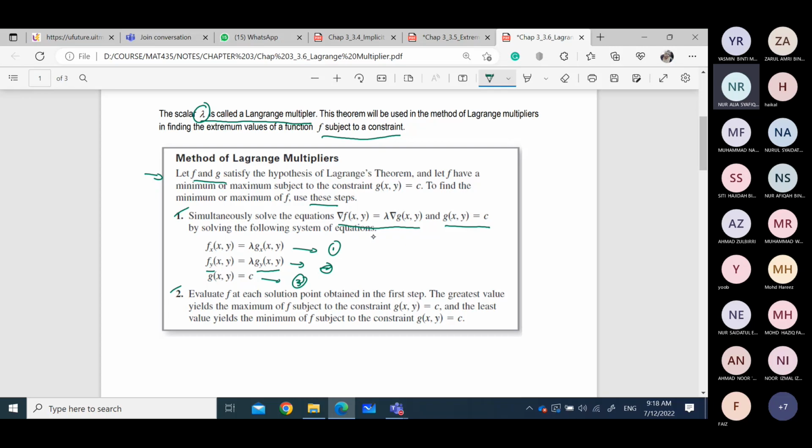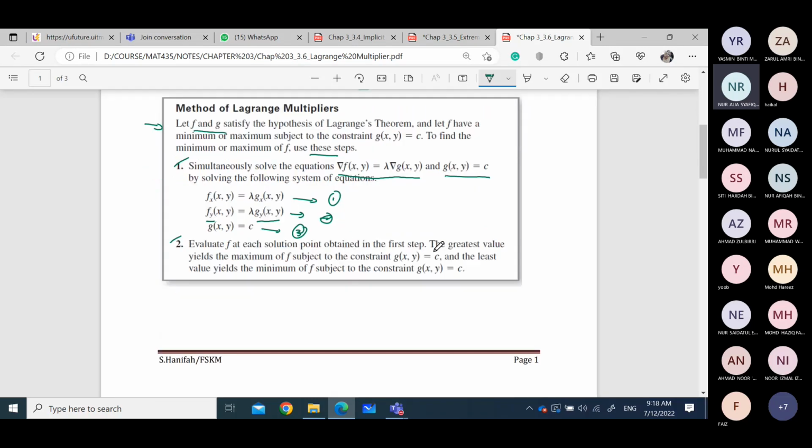Okay. So after we set up these three equations, then we need to evaluate f at each solution point obtained in the first step. The greatest value yields the maximum of f subject to the constraint g, and the least value yields the minimum of f subject to the constraint g. Okay, so in the first step, after we set up these three equations, we need to solve the simultaneous equations.